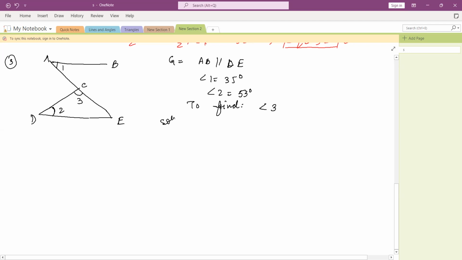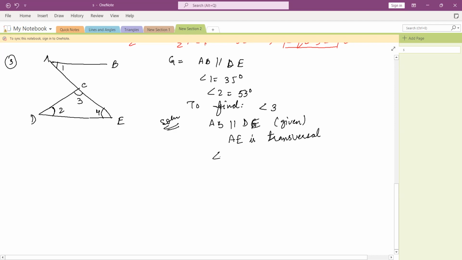Let's solve it. Let me name this angle 4. Now it is given that AB is parallel to DE. So if two lines are parallel and AE is a transversal, therefore alternate angles are equal.